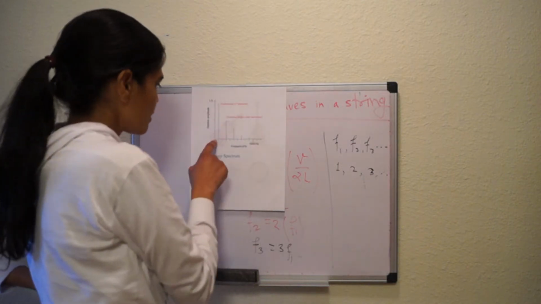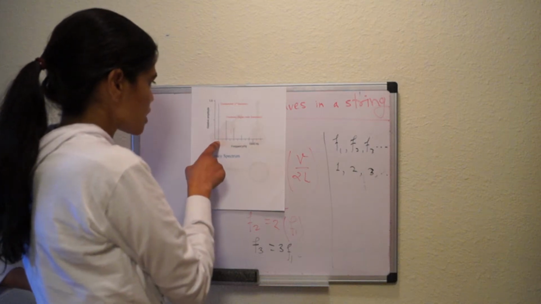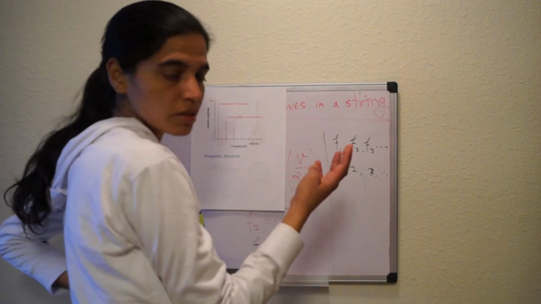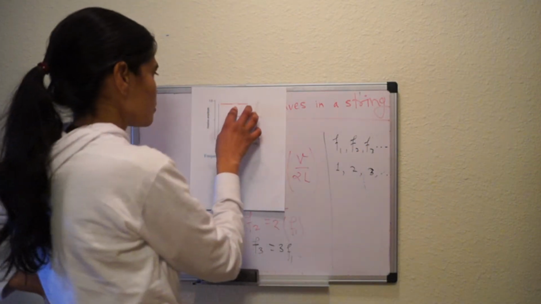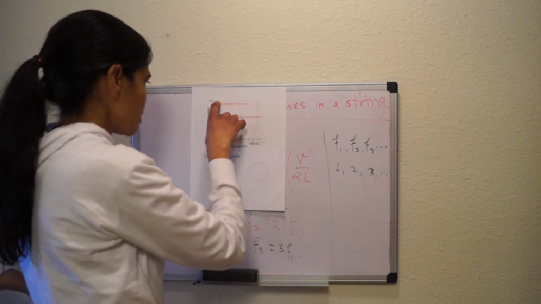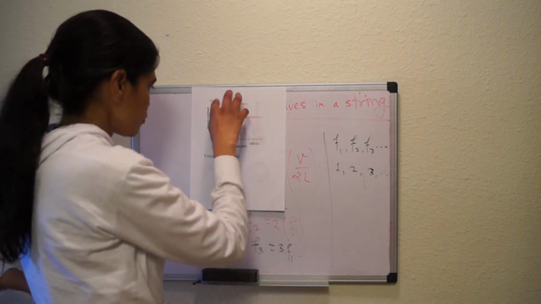The first harmonic, the fundamental, has a relative amplitude almost 1, a little bit lesser than 1.